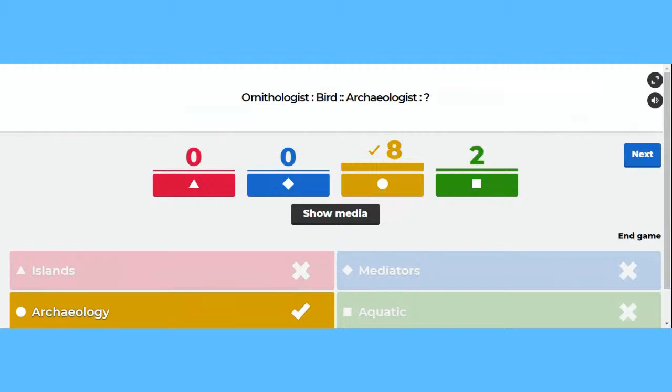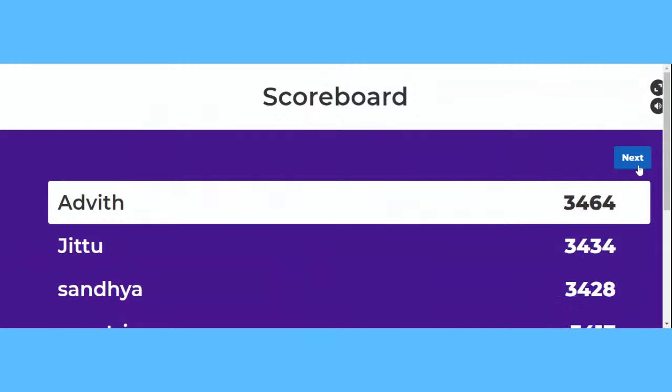I have got 10 answers, of which 2 are wrong and the rest are correct. Now let me check the scoreboard. Again, Arvind is in the first position and Jitu in the second and Sandhya in the third. Now let's move on to the next question.